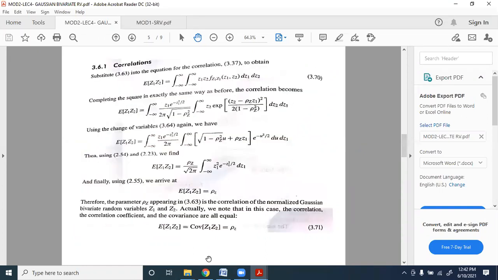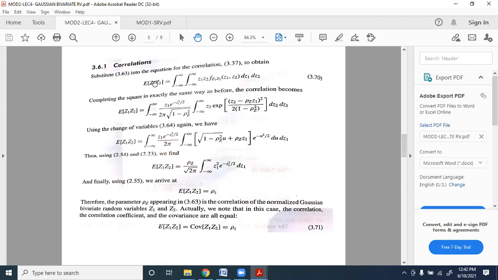Before going to that, we can consider the correlation also. Correlation will be with respect to two different random variables Z1, Z2. That can be written as the integral from minus infinity to infinity, and another integral from minus infinity to infinity, of Z1 Z2 f of Z1, Z2 dZ1 dZ2.